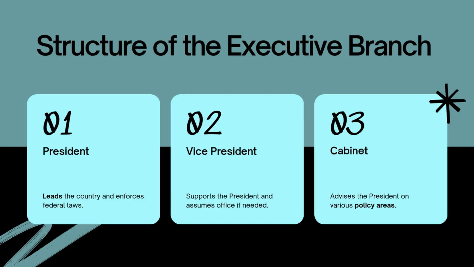And then there's the cabinet. So the cabinet are the heads of all of the important agencies. So think Homeland Security, Veterans Affairs, Foreign Affairs, the Treasury, so on and so forth. So every single one of those agencies has a cabinet secretary. And I'll be talking about them in more detail later on. And then they run their executive department. So obviously, the president is one person.